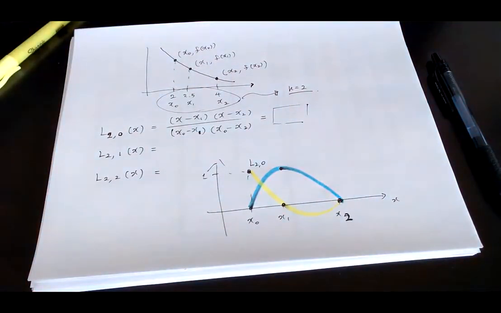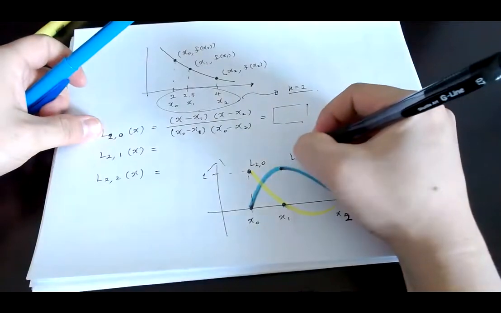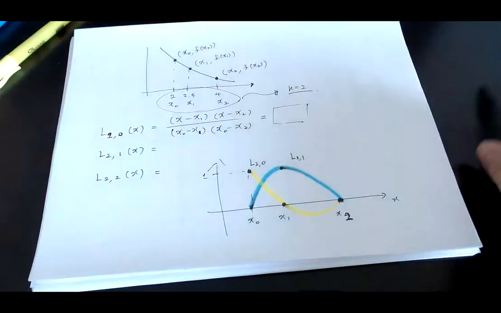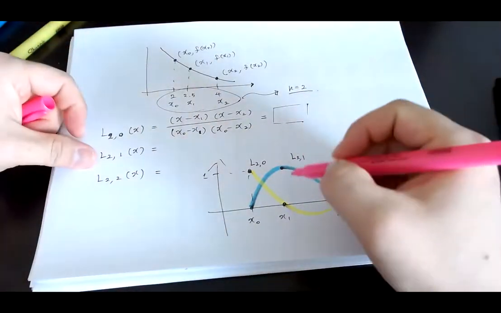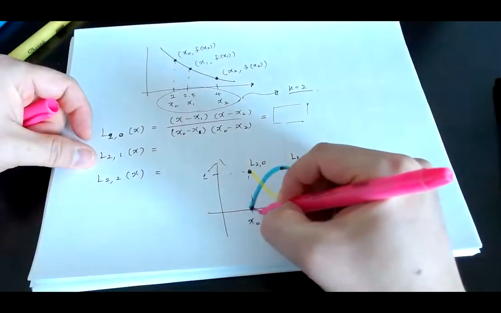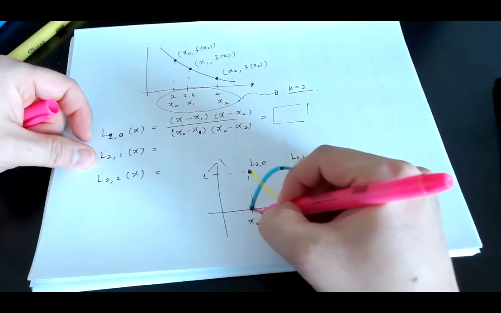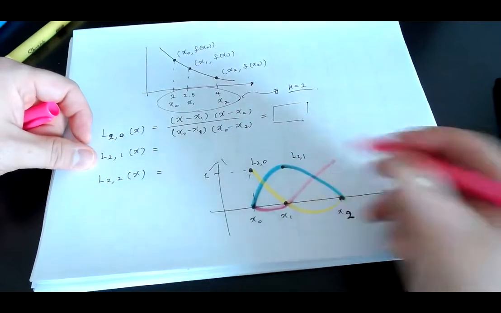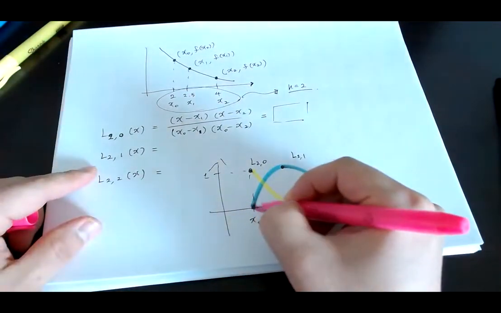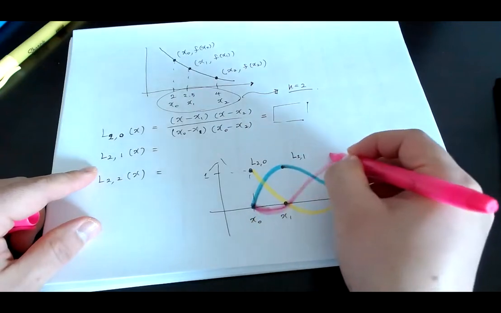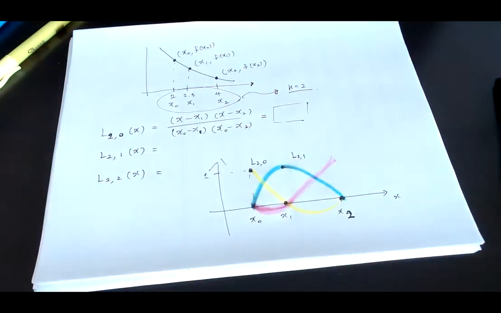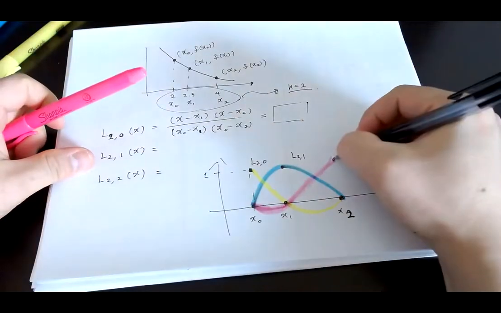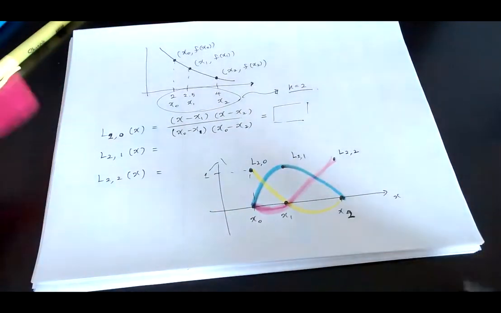That must be L2,1. And the L2,2 must be what? Like this. And it should be a little bit more curved. Please understand that. So this is the L2,2.